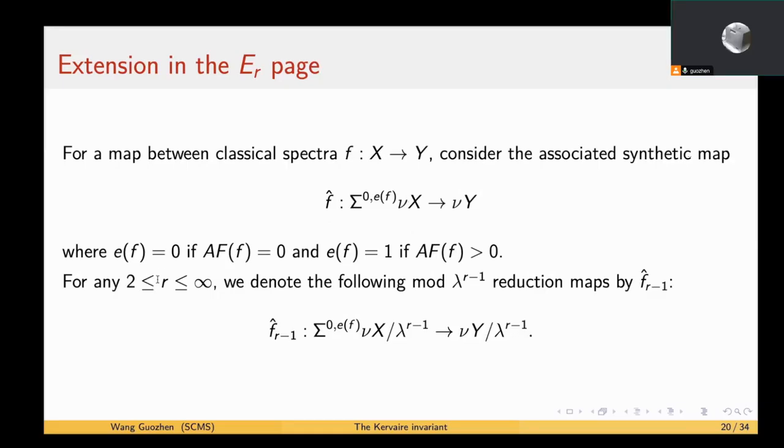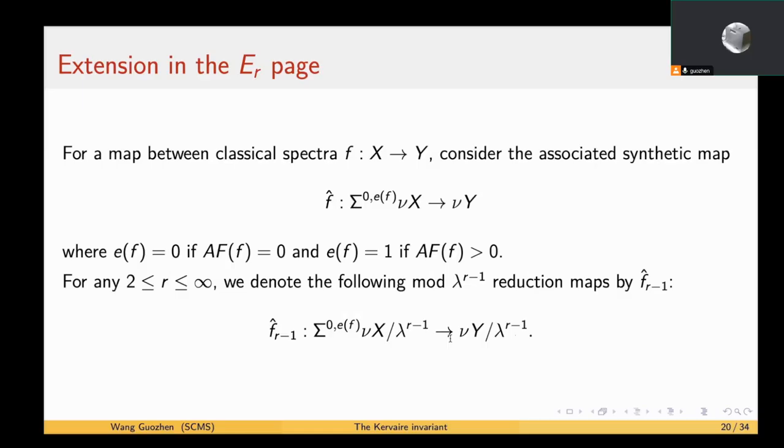Now, for any r lying between 2 and infinity, we denote the following mod lambda^{r-1} reduction maps by f hat_{r-1}, which goes from nu X suspended with weight e(f), modulo lambda^{r-1}, which maps to nu Y modulo lambda^{r-1}.